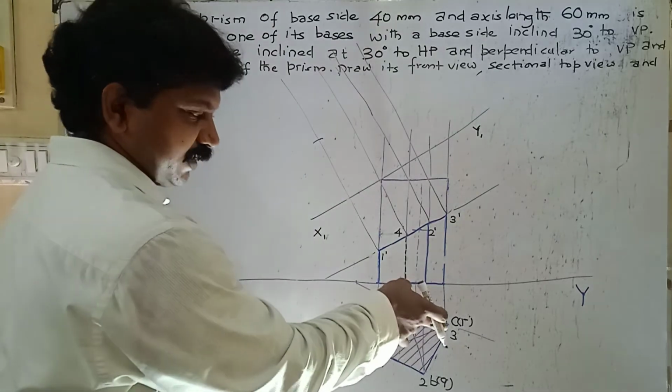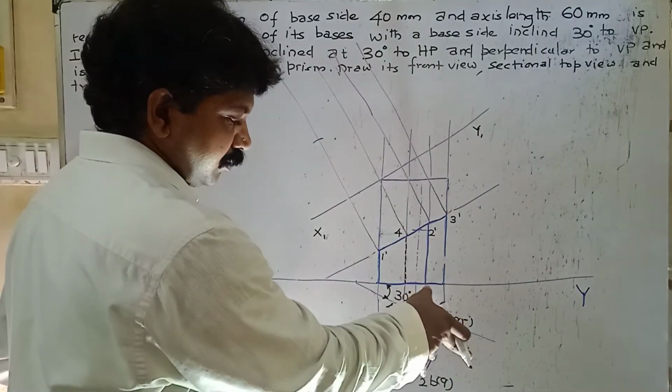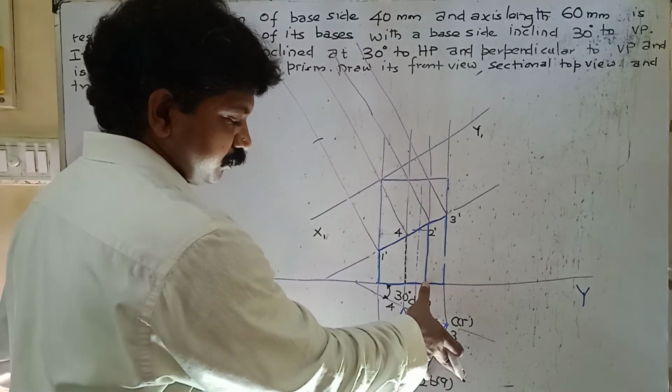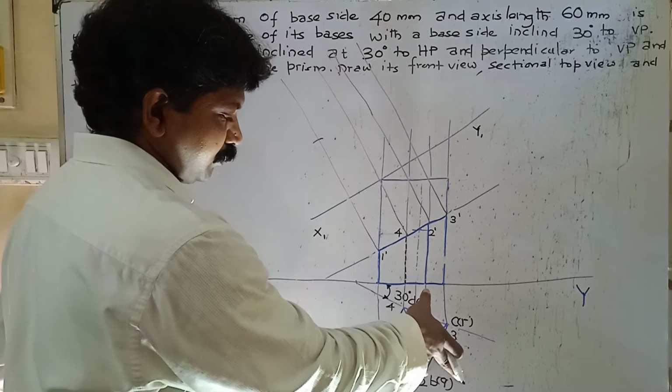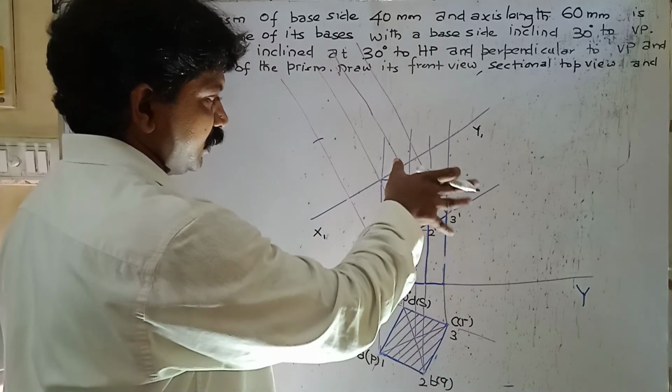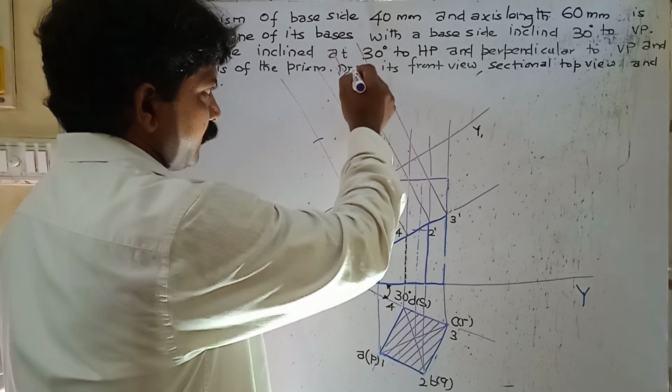Similarly, using the compass, take the distance from the XY axis to point 2 as radius, and from the corresponding point draw the arc. Mark the point 2.